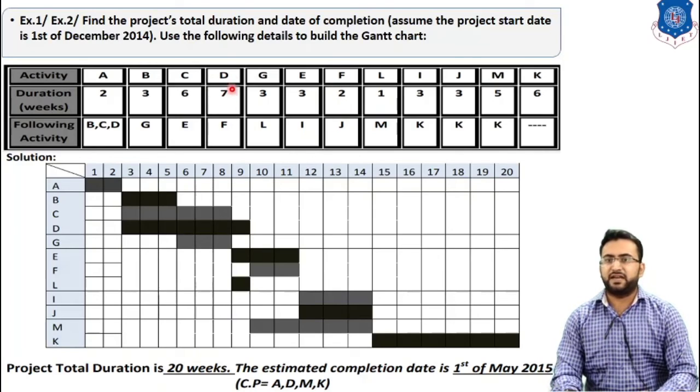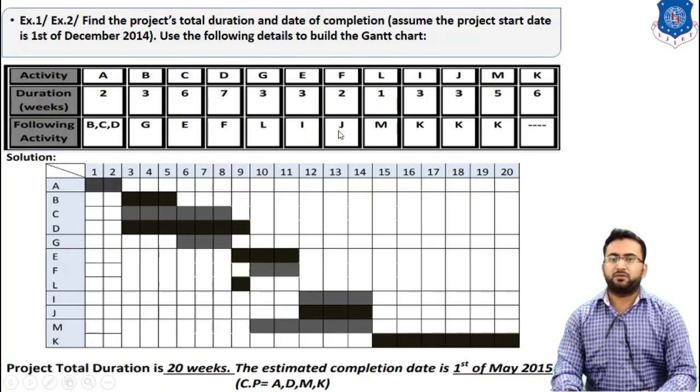Completion of D is given by 7 plus 2, which means 9. So after completion of 9 weeks, we start activity F, which is for 2 weeks, starting at the 10th week.